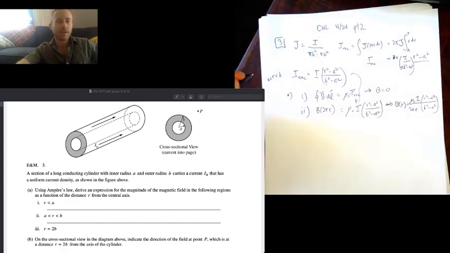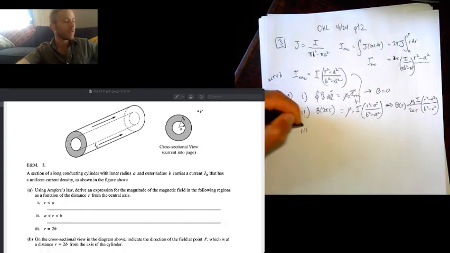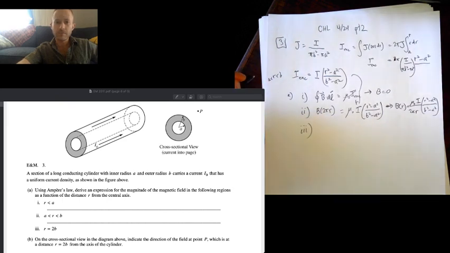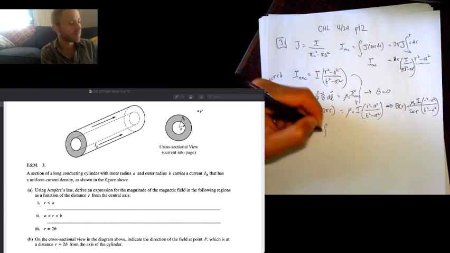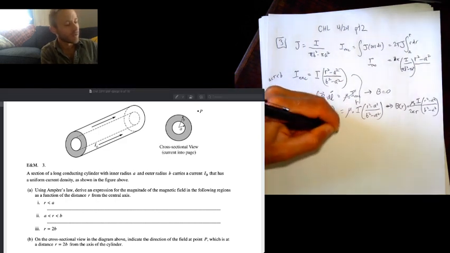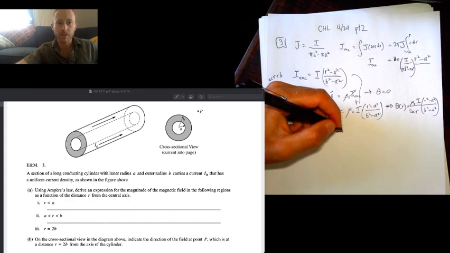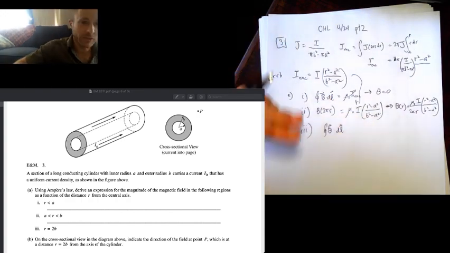Okay. And then for the third region, we're completely outside the conducting cylinder.